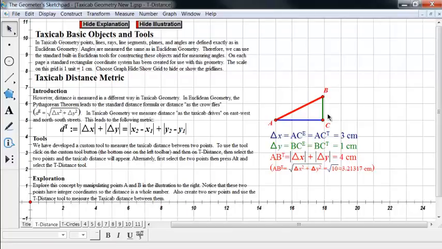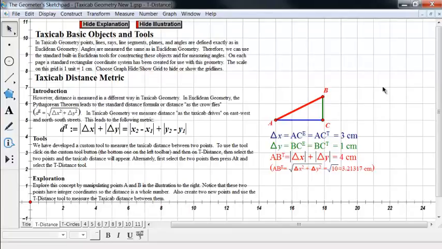When you do that, the distance measured in taxicab geometry is going to be based on that scale, whereas the Euclidean distance up here is not measured on the coordinate system, but on some scale that it has built in. So when you change the coordinate system, it does not change the distance in Euclidean, but it does in taxicab. So it's very important that you use a scale where the distance from 0 to 1 is 1 centimeter, and you don't change that. So you want to hide that point so nobody, including you, accidentally changes that scale on the coordinate grid.